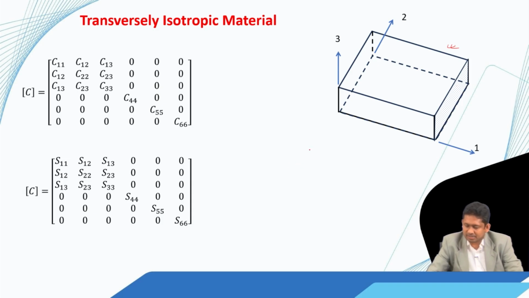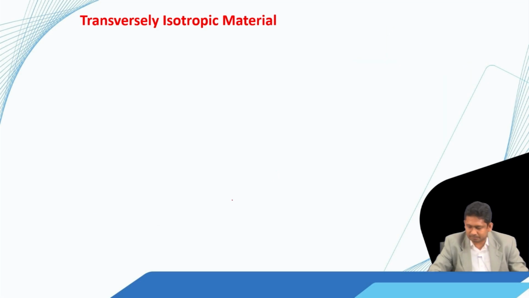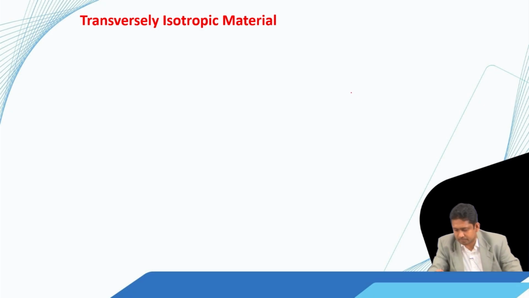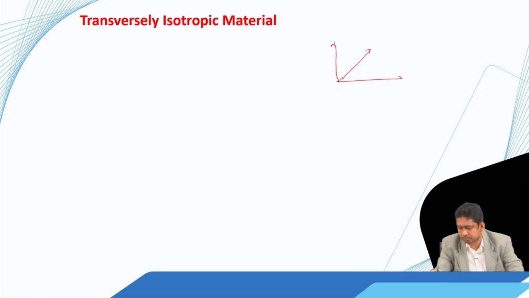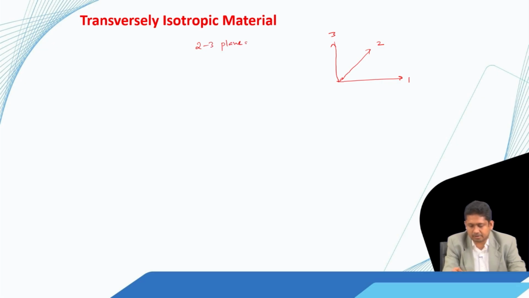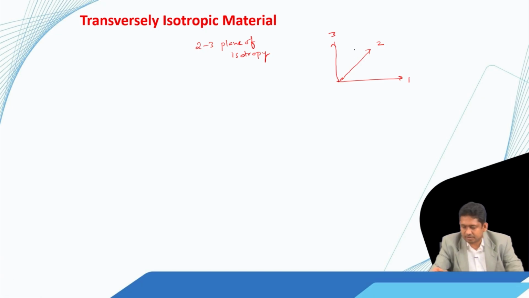Now, to look into this, let us suppose that we define axis system 1, 2, 3 and our 2, 3 is the plane of isotropy, and let us assume that we have a rotated coordinate system 2 prime and 3 prime, which looks like this, and the angle between 2 prime and 2 is alpha.